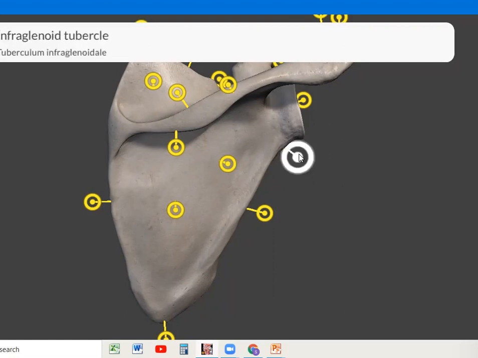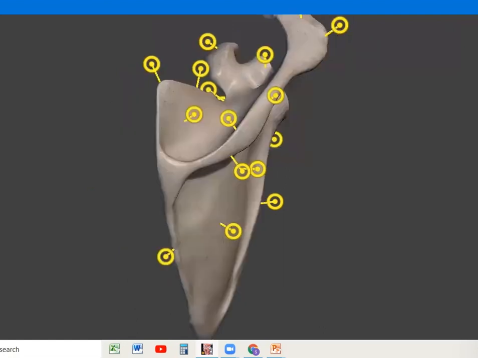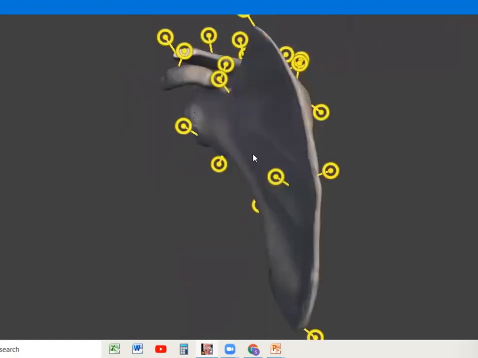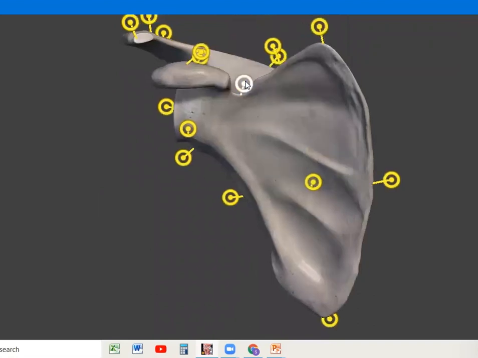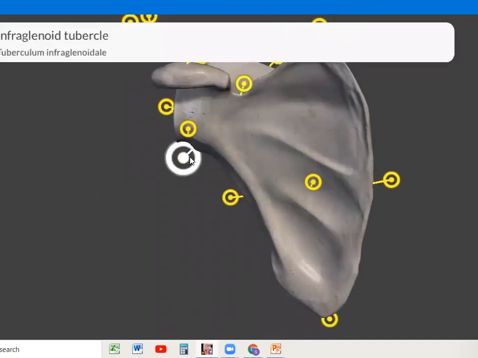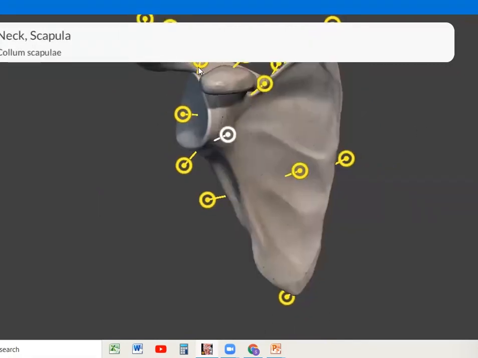There is the infraglenoid tubercle, then the suprascapular notch. This one is the infraglenoid tubercle. This one is the neck of the scapula. This one is the supraglenoid tubercle. These are the other features of the scapular bone.